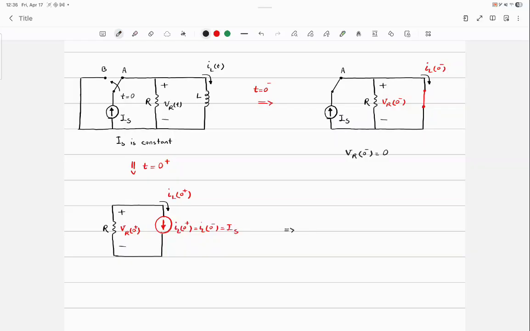So can someone tell me what is VR0 positive? Negative IS. Did I use the correct direction? Yeah, negative IS times R, right?